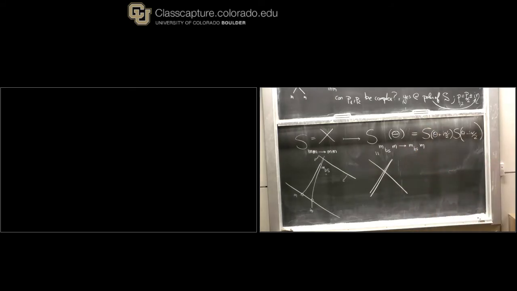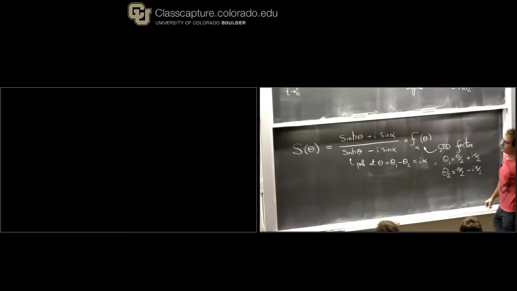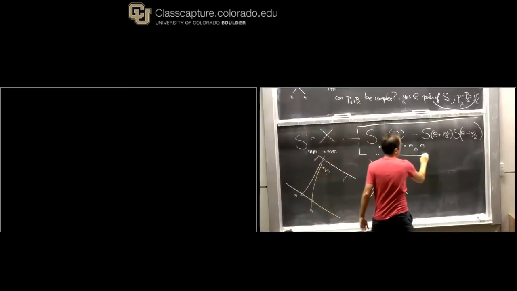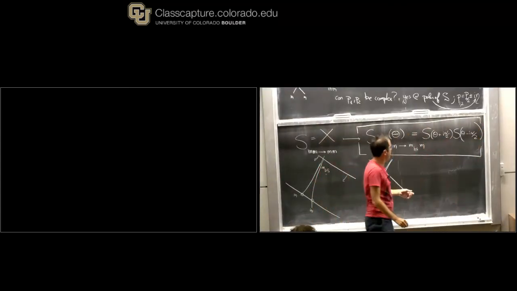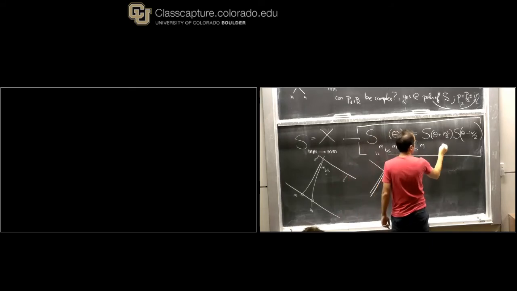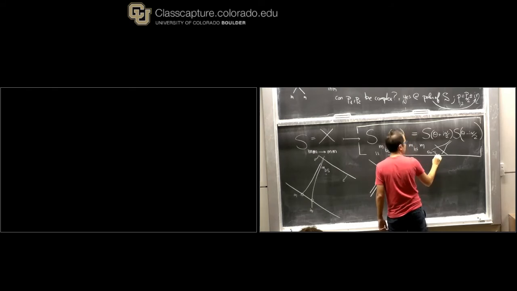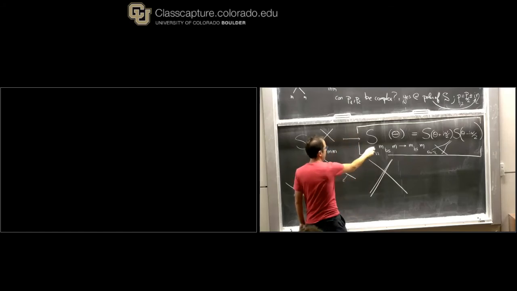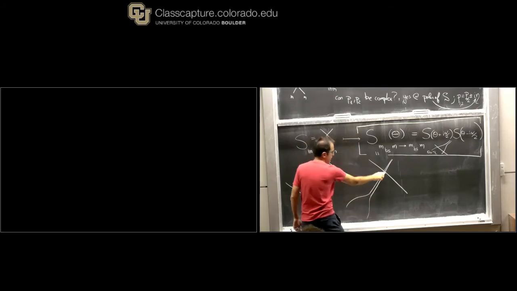Sorry, if I want the difference to be theta, minus theta. So one is going in one direction, the other is incoming. So that's the equation here. That would give me the scattering. This is like saying that I scatter with my constituents that have theta plus or minus i alpha over 2. So I scatter with the constituents, and what I get is this picture here where I scatter with the bound state.